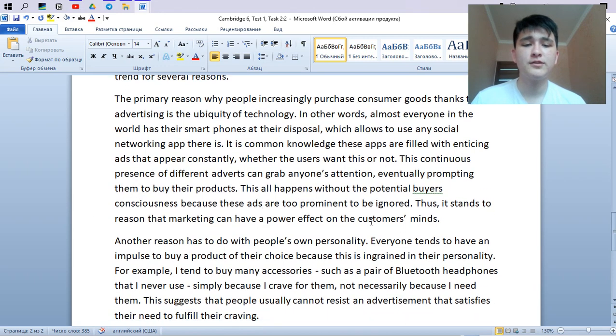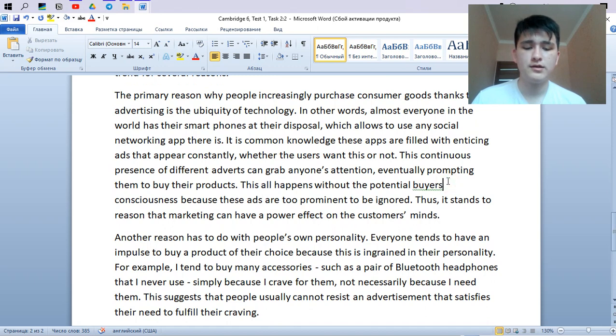This all happens without the potential buyers noticing, because these ads are too prominent to be ignored. Thus, it stands to reason that marketing can have a powerful effect on customers' minds.